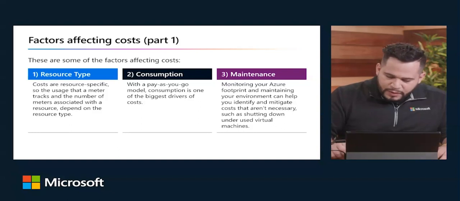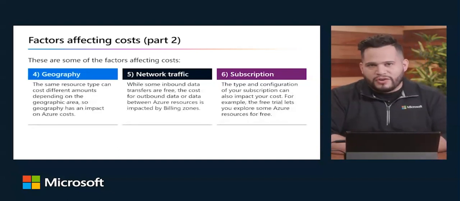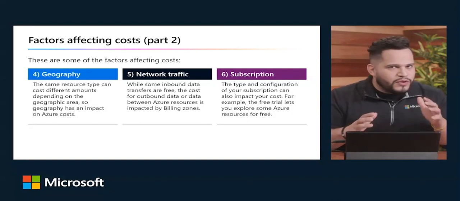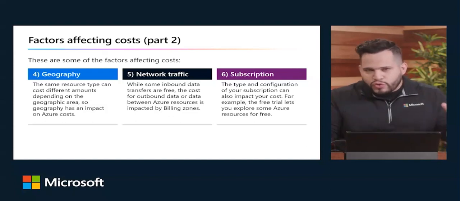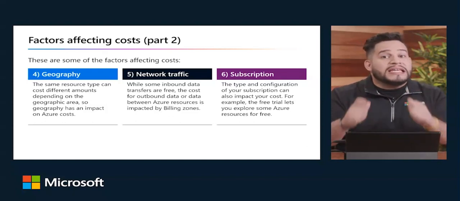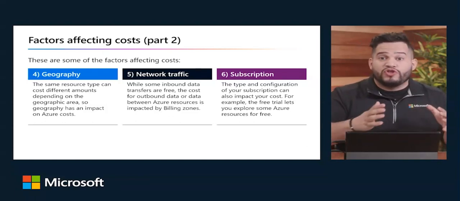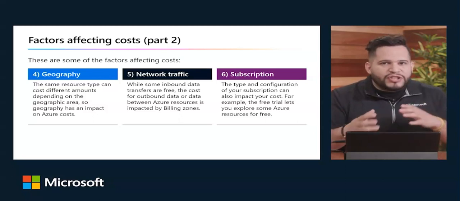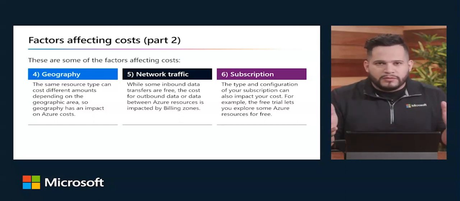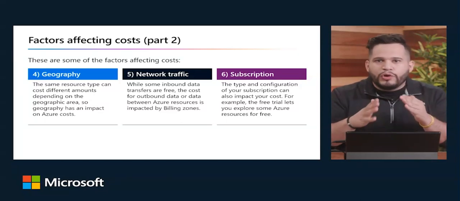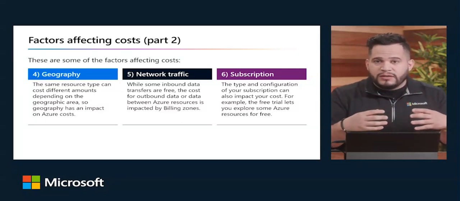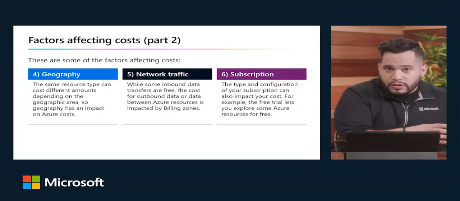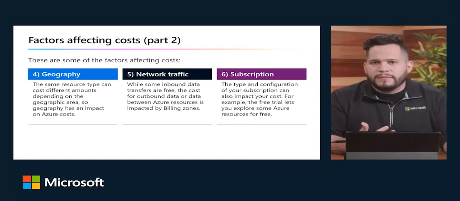Let's go to number 4. That's geography. When you provision resources in Azure, most resources in Azure, you need to define a region where the resource deploys. Now, Azure infrastructure is distributed globally, right? This enables you to deploy your services either centrally, right, closest to your customer, or something in between.